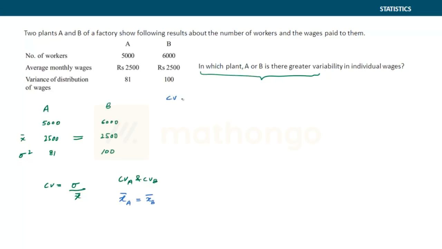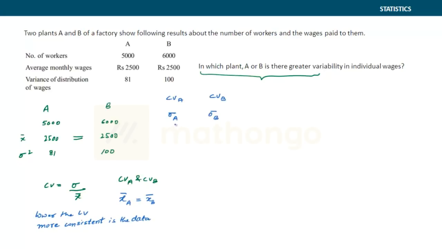So we are comparing CV of A and CV of B, you just need to compare sigma of A and sigma of B, whichever of them is smaller, that data will be more consistent. Remember, the lower the CV, the more consistent the data. That is what we want to figure out.